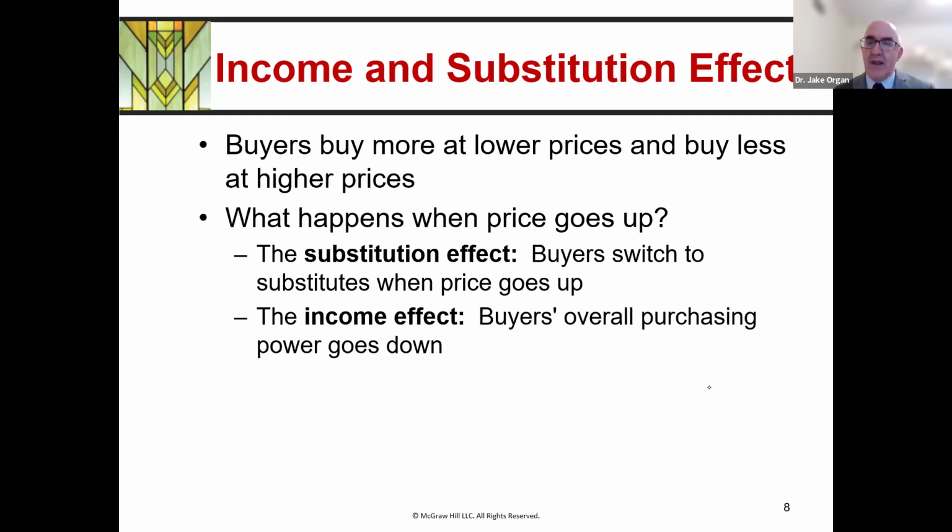Now, there are two things going on, and this is a little bit difficult, so you might not get it, and you might need to discuss it in class on Thursday. Buyers tend to buy more at lower prices and buy less at higher prices. And so why is that? There are two things that happen when the price goes up.